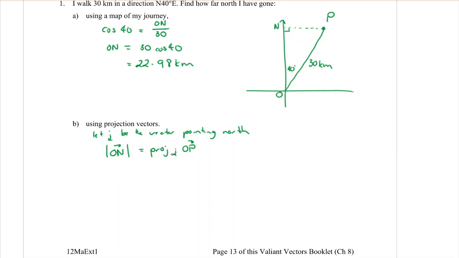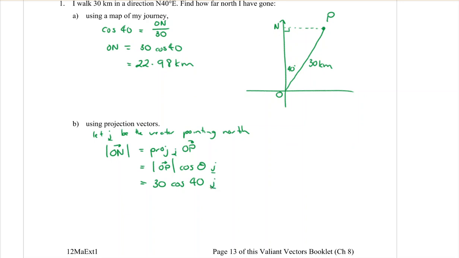So using my formula that I've written up here on the board for you, what is that going to mean for my symbols? The projection of OP onto J is going to be the length of OP times cos of the angle times the unit vector J. Actually, I don't need the unit hat on that because it's J. So then I know the length of OP is 30, and I know theta, which is 40, and I have my vector J there.